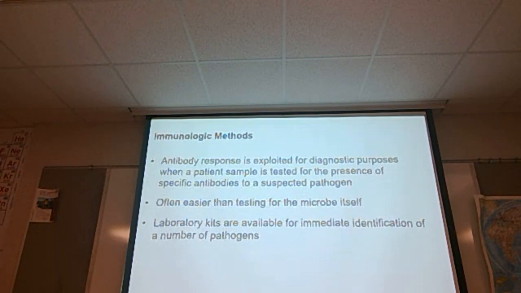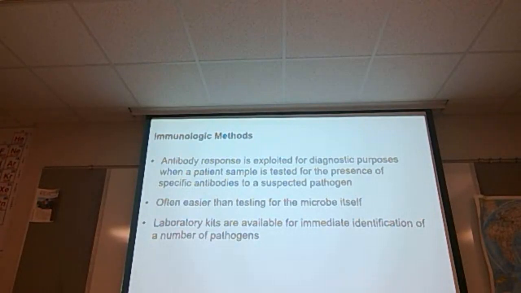Antibody response is exploited for diagnostic purposes when a patient sample is tested, looking for specific antibodies to a suspected pathogen. This is the immunological test, and we'll talk later on about the ELISA test, which is an antibody test. Oftentimes, these types of tests are easier than testing for the microbe itself.